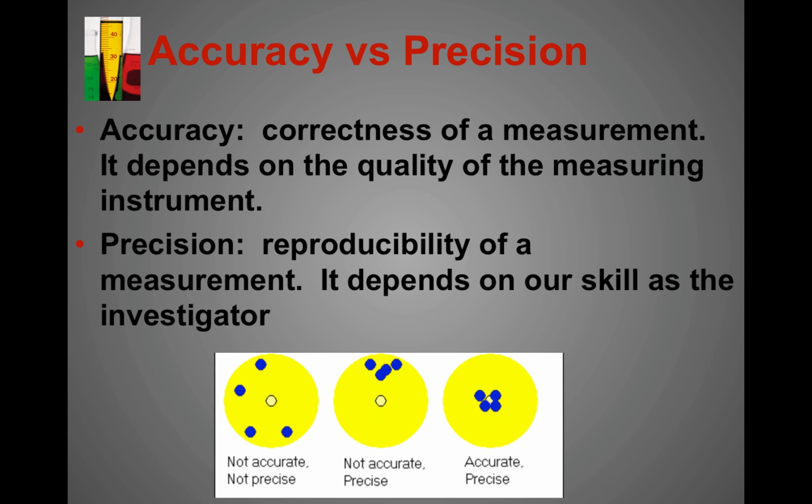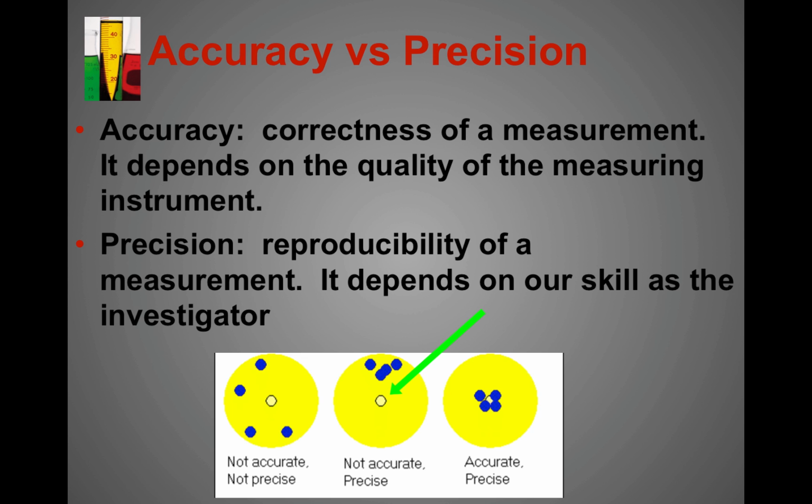Let's look at these pictures below. We want to get the bullseye. In the first picture on the left, you're not accurate or precise. You're not close to the center, and your measurements are far apart. In the middle picture, you're not accurate, you're not close to the center, but all of your measurements are close together.